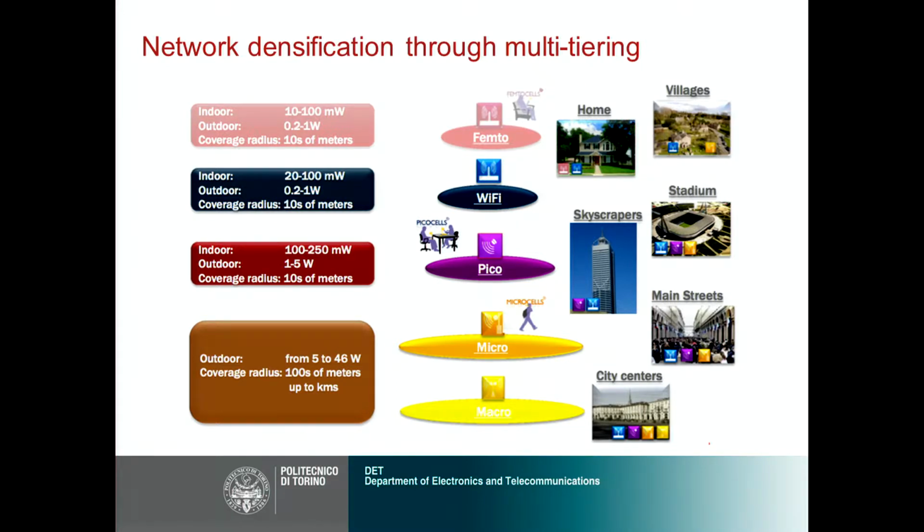Femto is a terminology that identifies something that is very small. So very small cells that you put in your home instead of Wi-Fi. What is the good of it? The good of it is that you have your own operator cell in your house, so you can use your cell phone and you're always connecting to your cellular operator in your house.